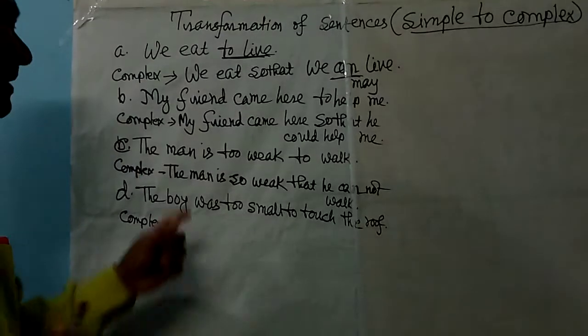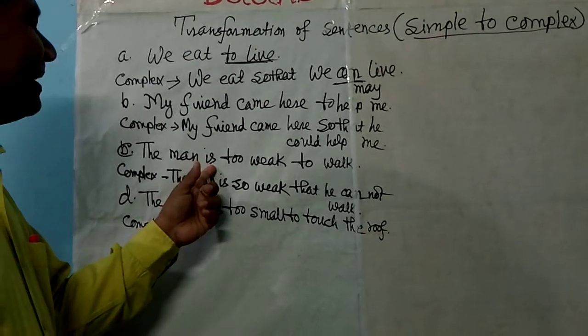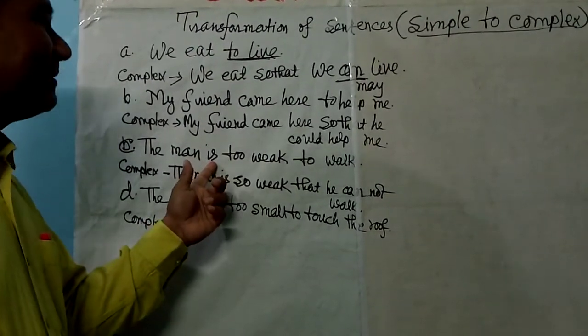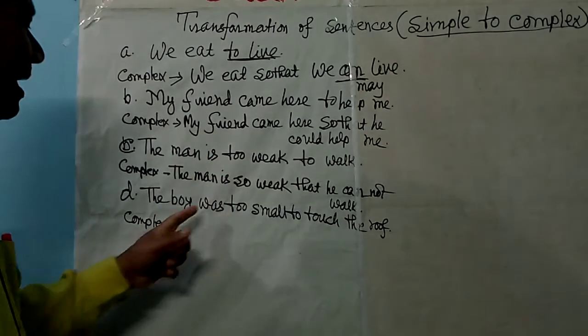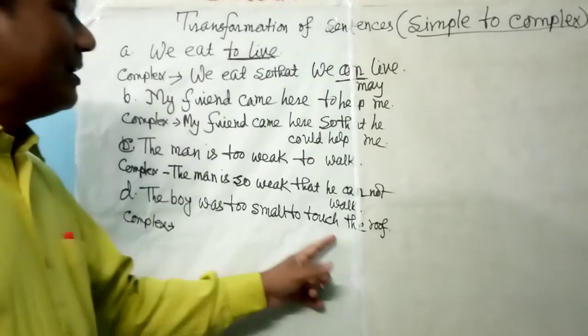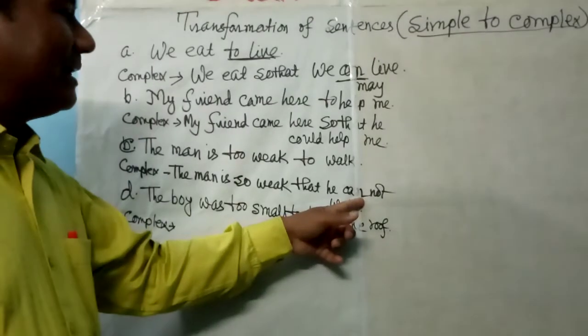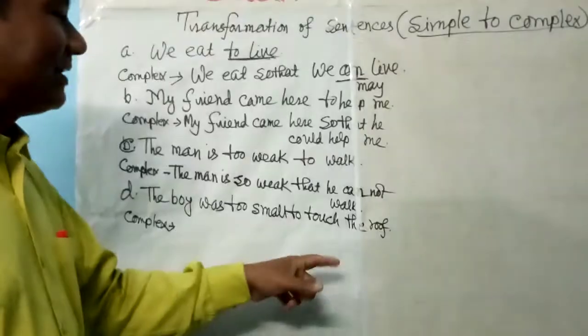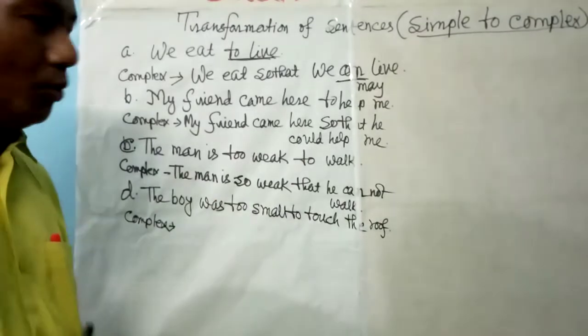The difference is only here it is used is. That means it is present tense. Here was. That means it is past tense. So in present tense we can use can, but in past tense it will be could.